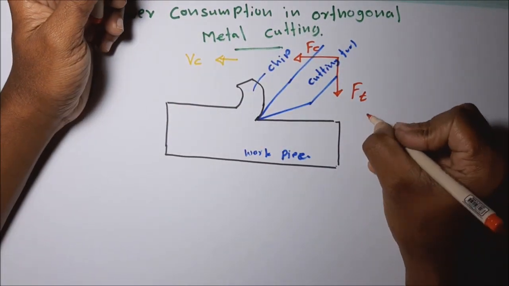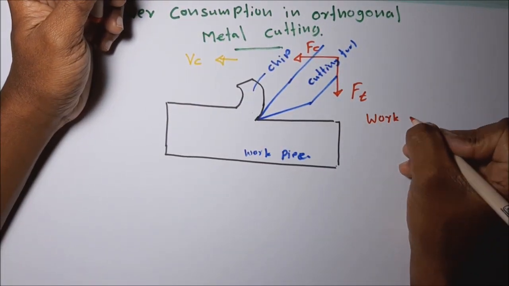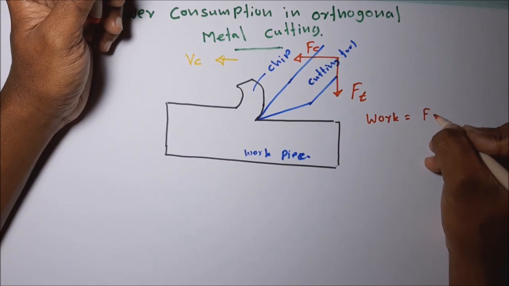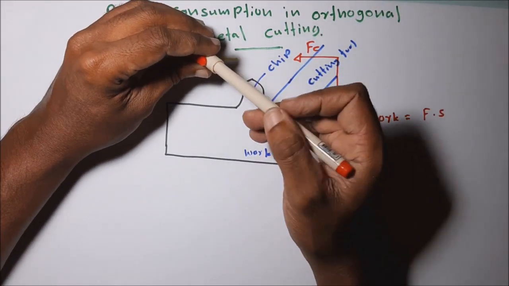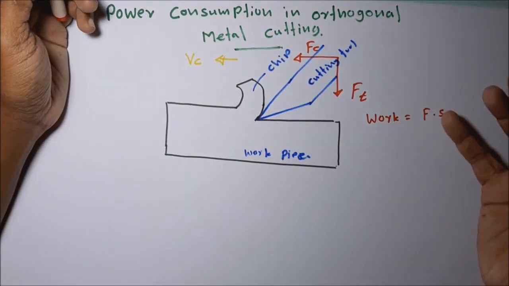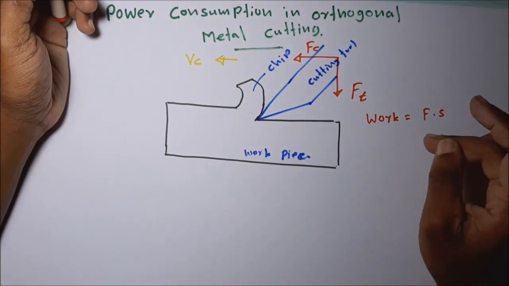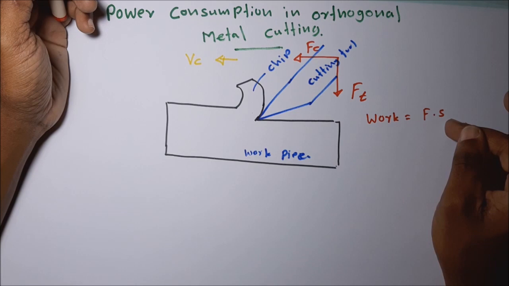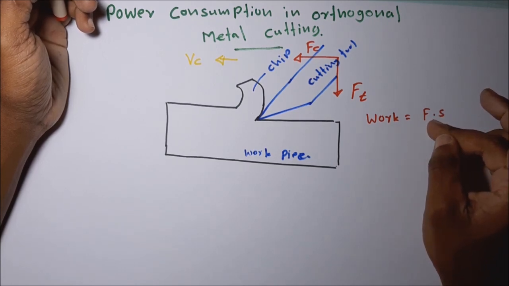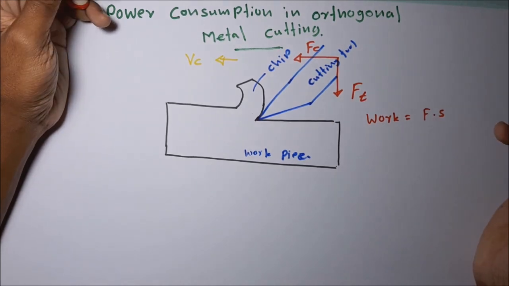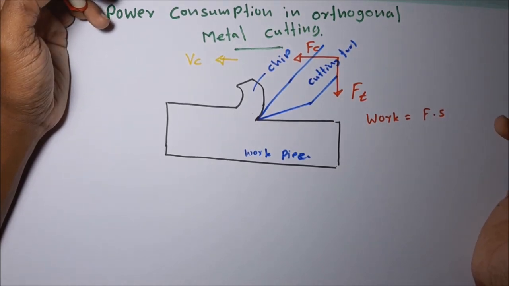Simply, we can say the work is equal to force into distance travelled, force into distance along the force vector direction. F dot d is called work.